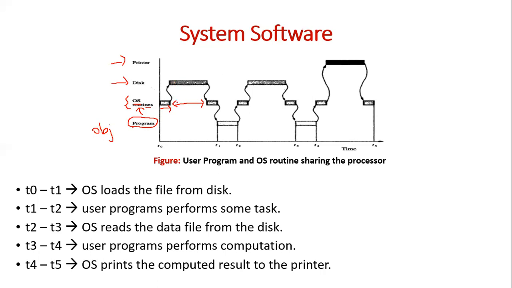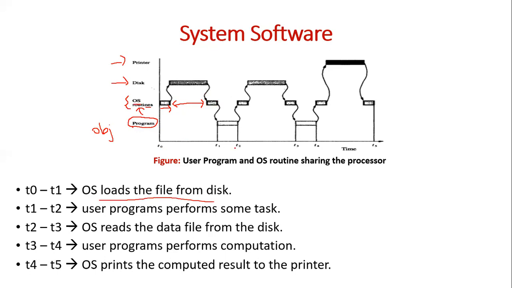There is some time gap because it should be properly loaded into the memory, memory locations should be allocated, and things like the process control block should be set up. So during time T0 to T1, the operating system loads the file from the disk.